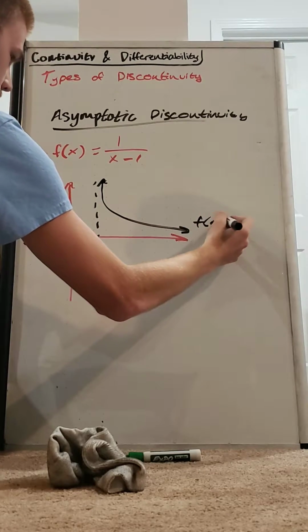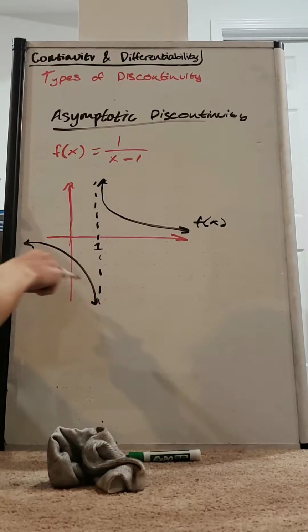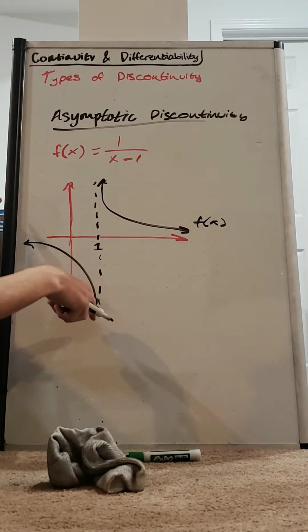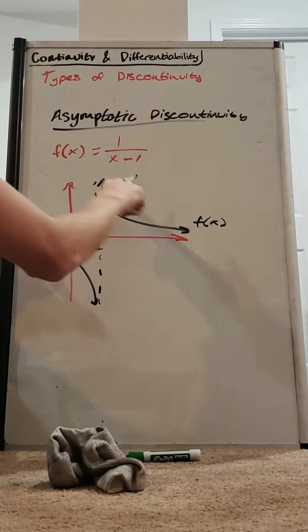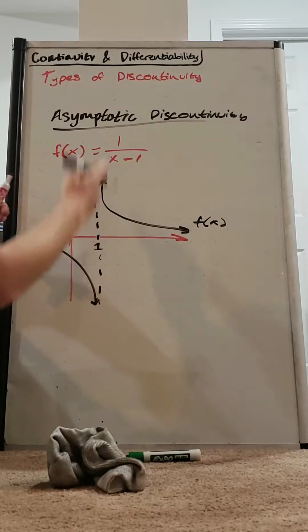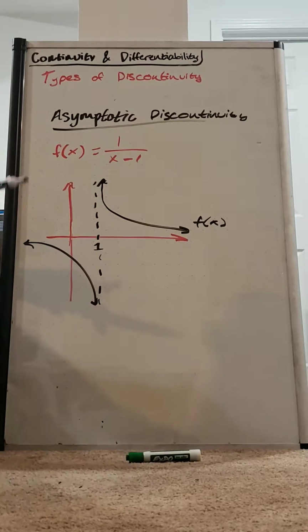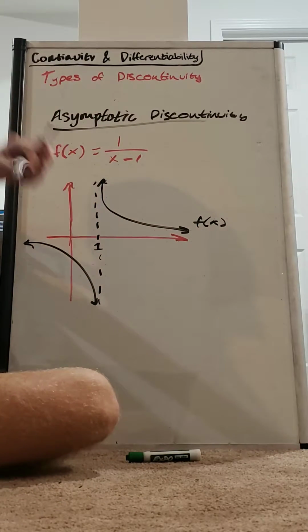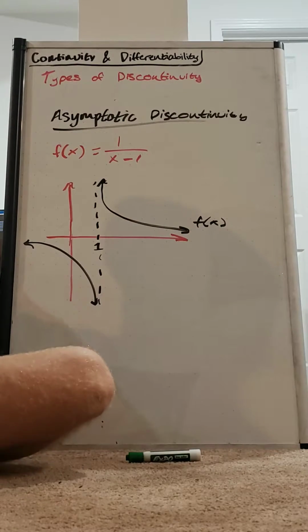That's what our function does at x equals 1. It switches from approaching negative infinity to approaching infinity because of the presence of this asymptote. So that's our last type of discontinuity, asymptotic.